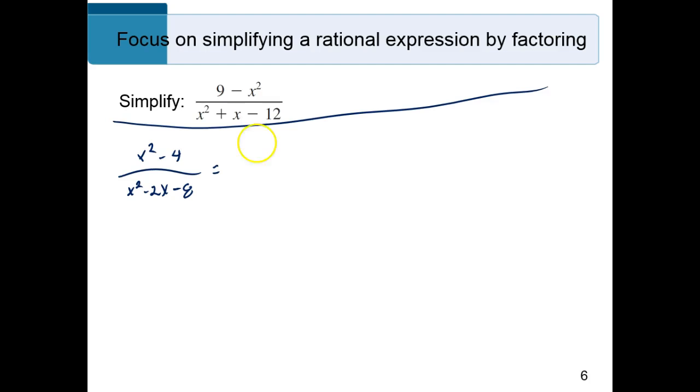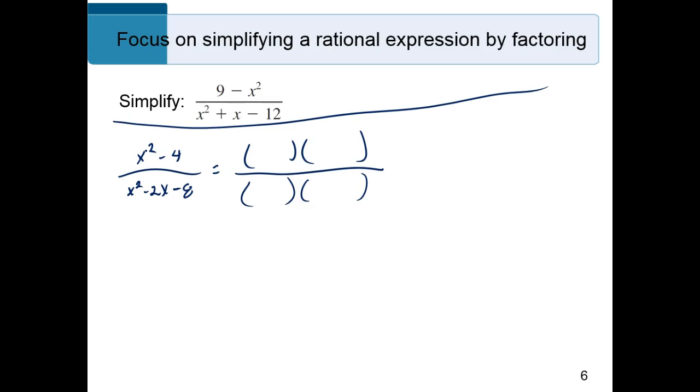Is that numerator factorable? Yay or nay? Do you think that numerator is factorable? That's x squared minus 4. Is that factorable?